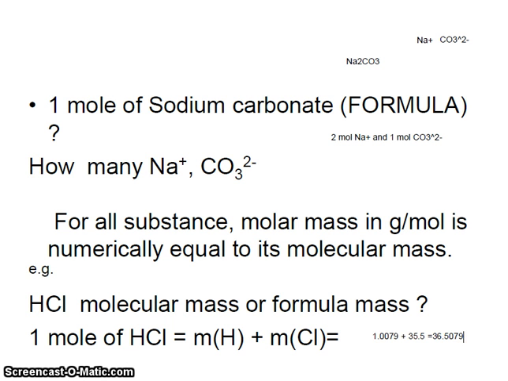And in terms of significant figures, if you wanted to go by that, you will need to report the least number of significant figures. You're going to write this as 36.5 grams per mole, because that will be the molar mass for the compound. Of course, in terms of molecular mass, this number will be 36.5 AMU.